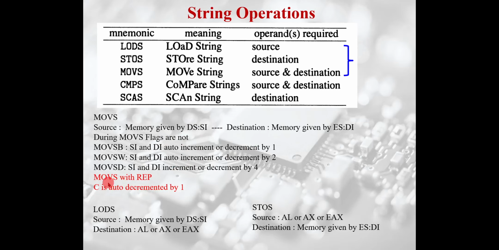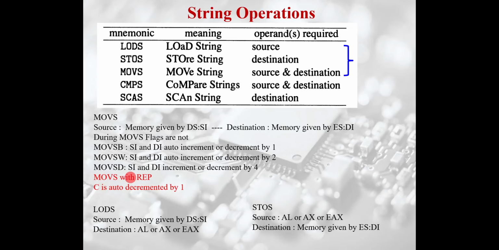We also saw that this operation can be repeated n number of times. If you have to do some bulk transfer, say a set of 100 data from one memory to another, we can use MOVS with REP. So we write REP MOVS, and how many times this command needs to be repeated is given by loading the appropriate data in the CX register.